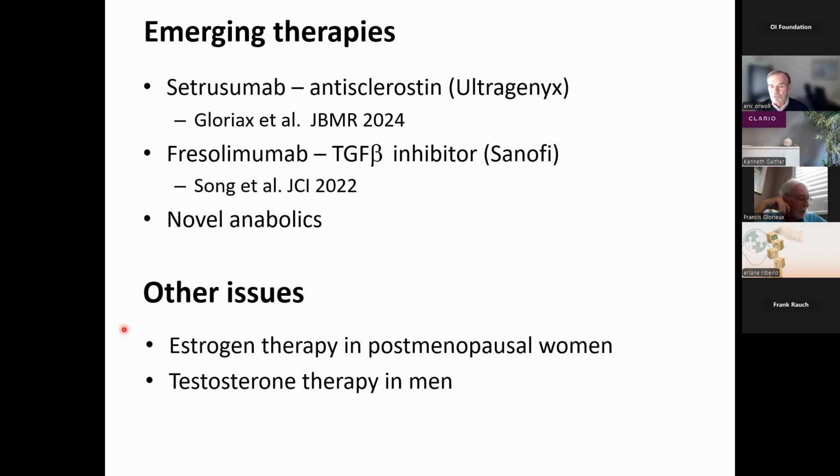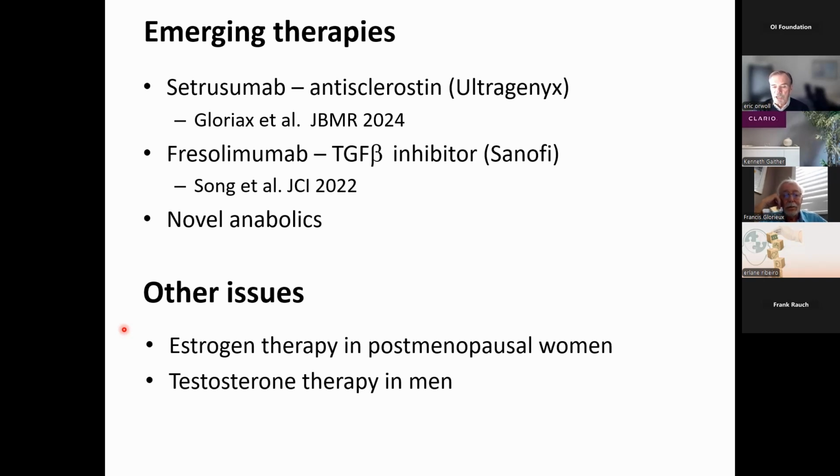So the hope is that that dual inhibition would have even more robust effects on bone formation. So all these things are coming up, and the point is that there are drugs in the pipeline that give us hope for additional therapies in OI.